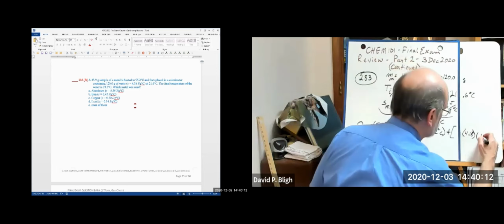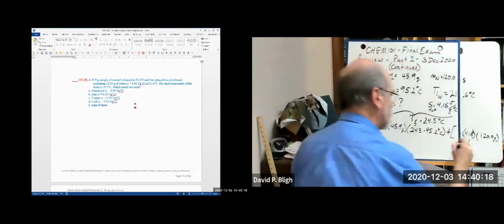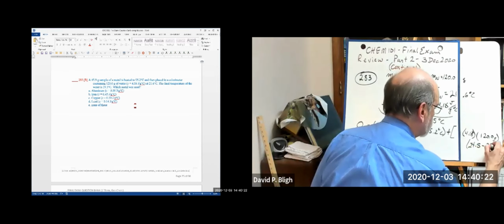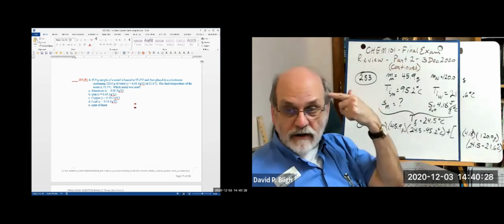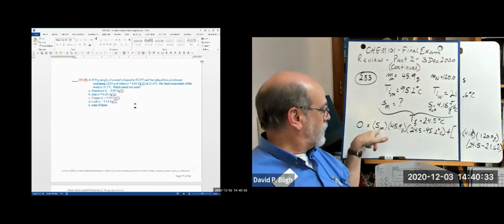And then the mass is 120 grams. And then the change in temperature is final minus initial. Here we go. That's the thinking part. The problem is set up. Now all we have to do is solve for this value right here.